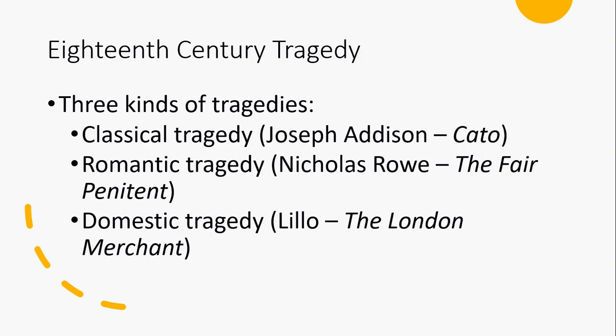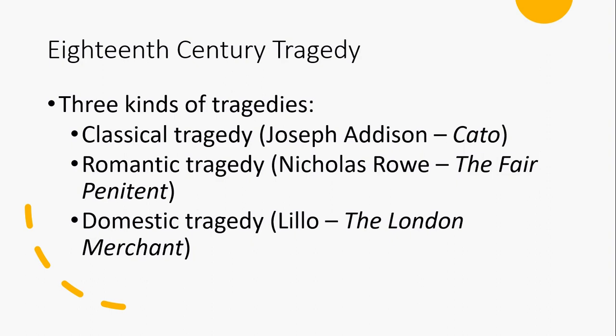One is the classical tragedy written by Joseph Addison, and it is titled Cato. If you remember from semester 1, this was the period of neoclassicism, where writers felt that we should go back to the classical age. So we have a classical tragedy by Joseph Addison.